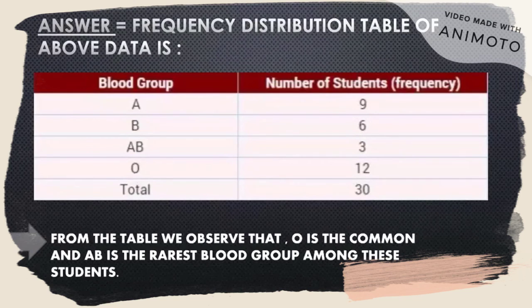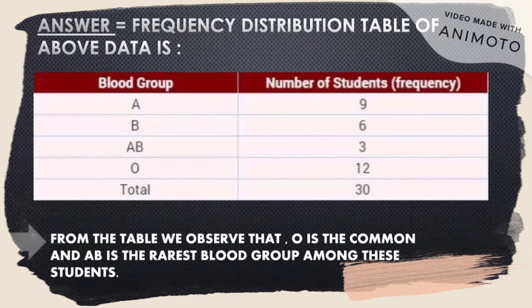This is the frequency distribution table. There are 2 columns. In one column the blood group is there, and in the second column the number of students, meaning frequency. You can see A is occurring 9 times, B 6 times, AB 3 times, and O 12 times.